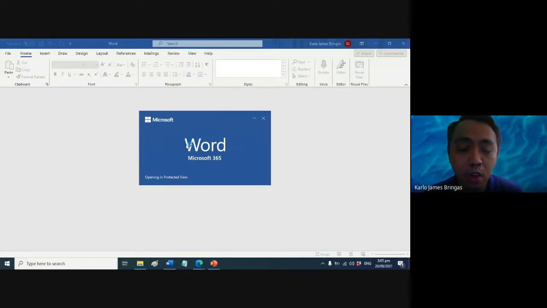So by the way, this copy ng ating Word document is already available in our K-Hub. So you can just download it. Try to assign each person what parts of the worksheet they're gonna answer. And you can just collate all together all of your answers. Para later on, the group leader will submit for the entire group.